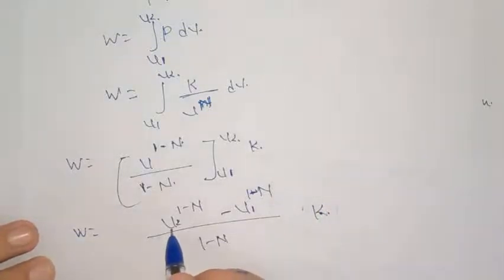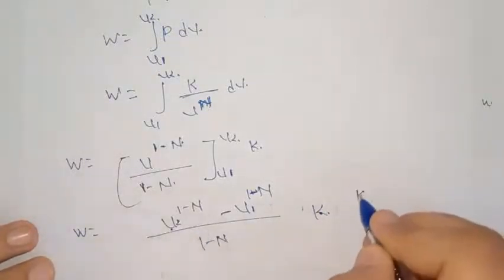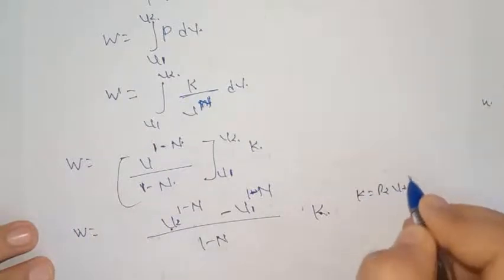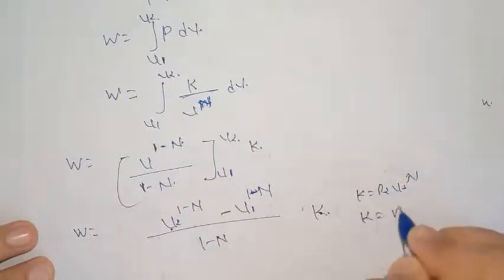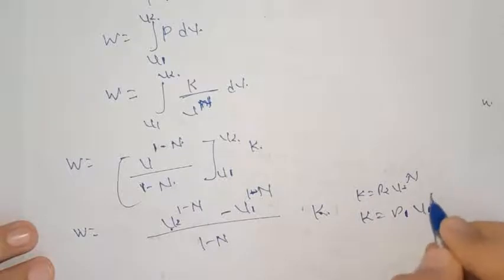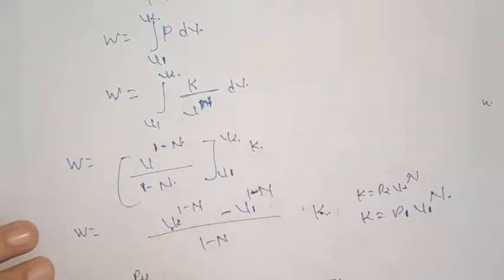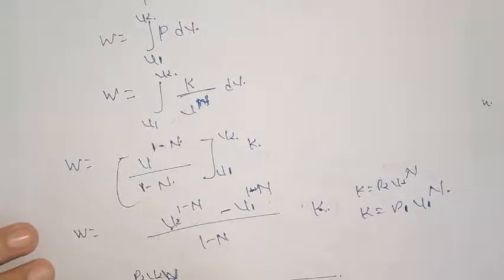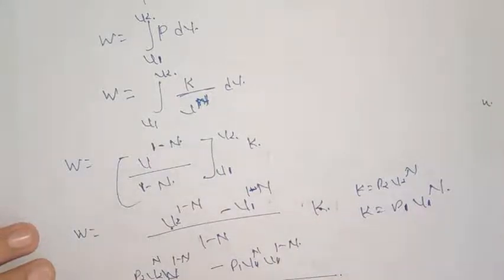To multiply with V2, we'll put K is equal to P2 V2^n, and to multiply with V1, we'll put K is equal to P1 V1^n.